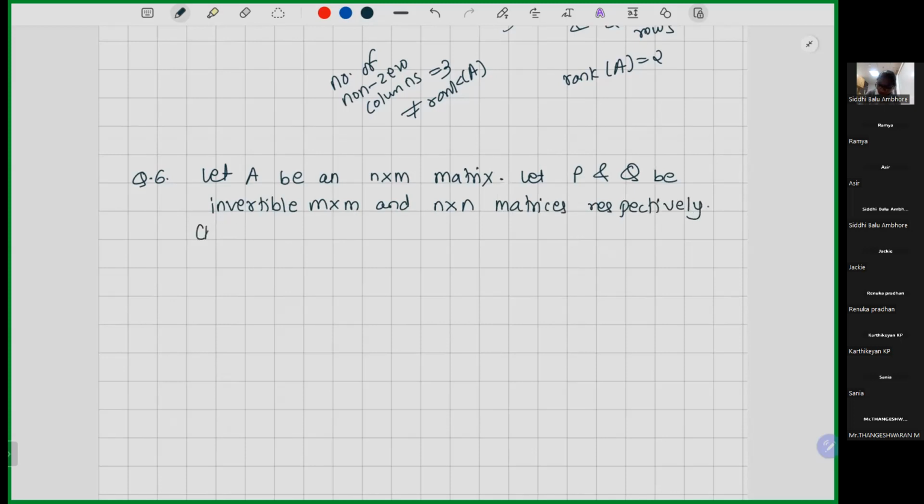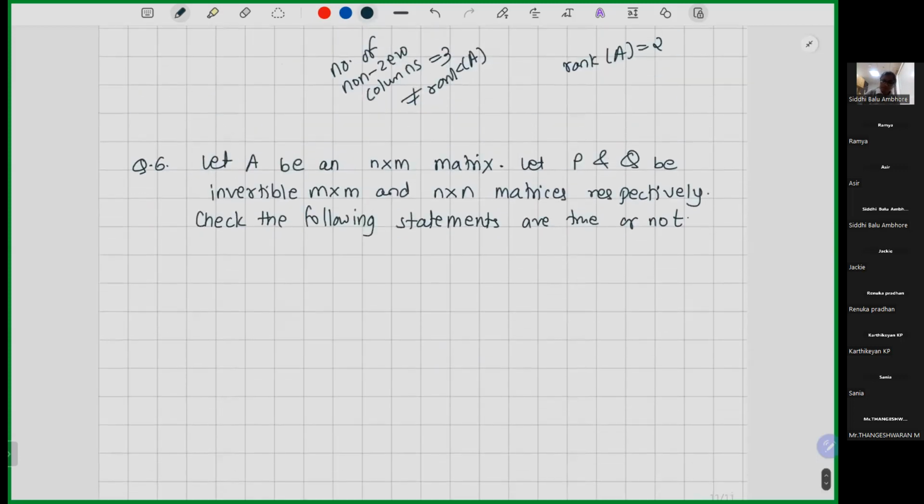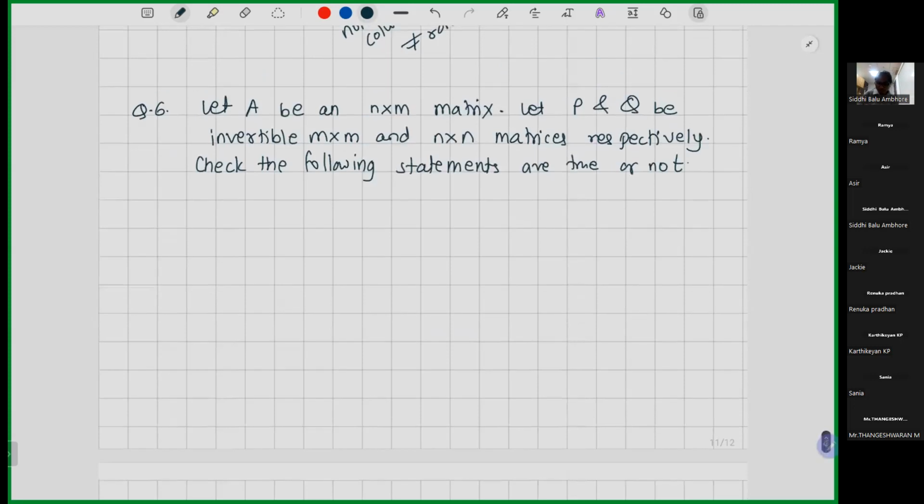Then check whether the following statements are true or not. So we have to start with the first question. They are asking whether rank of QA is equal to rank of A.